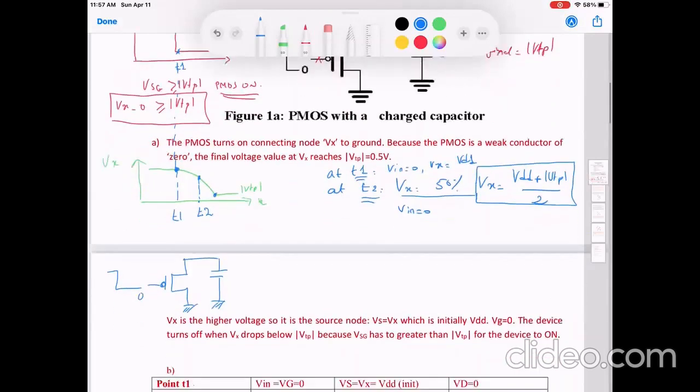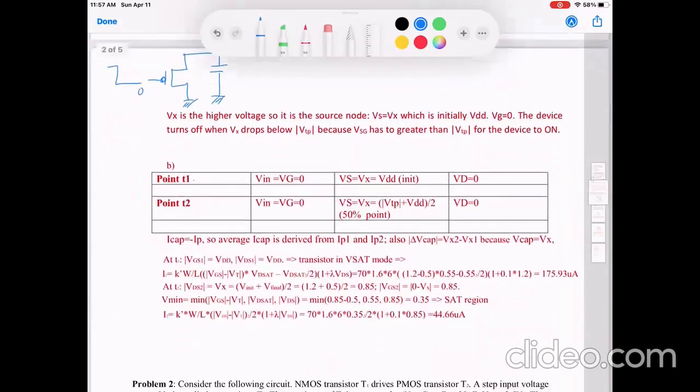So we fill in this information: Vg equals 0, and Vs is equal to Vx. Initially it's VDD, and then it's VDD plus VTP over 2. The drain of the PMOS is always 0.